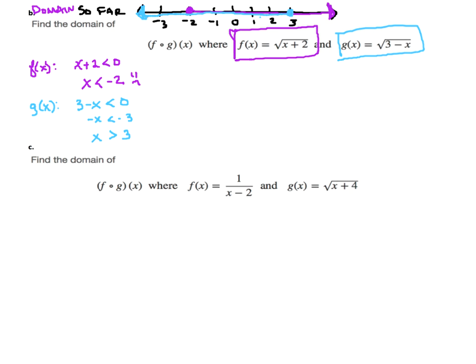All right. So what we have to do, since I cannot have anything strictly less than negative 2 in my f function, is figure out when the square root of 3 minus x, the output from the g function, will be strictly less than negative 2.